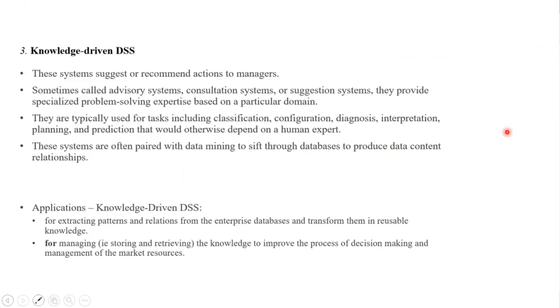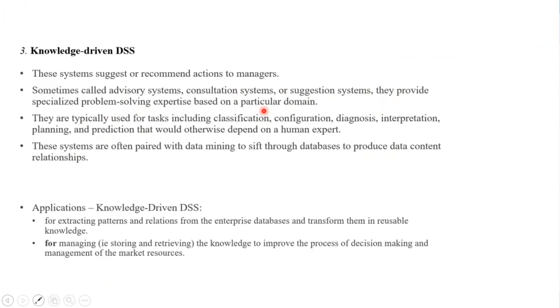So these systems suggest or recommend actions to managers. They are sometimes called expert systems, consultation systems, recommendation systems or suggestion systems. They provide specialized problem-solving expertise for a particular domain. It could be, maybe, in the medical sphere.